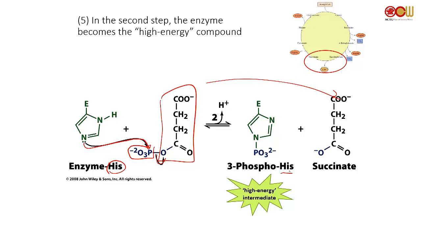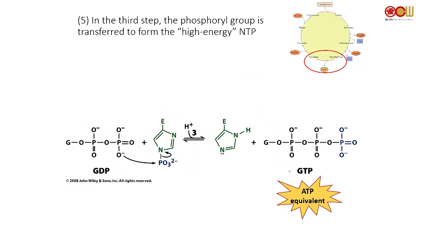It doesn't really matter where it is; the phosphate is still there. Then your GDP is going to come in and attack the phosphorus through a nucleophilic attack. The P-N bond jumps onto the nitrogen, regenerates the histidine, and you get GTP.